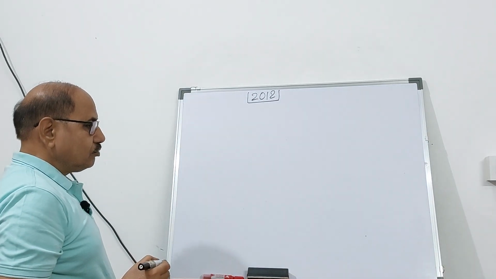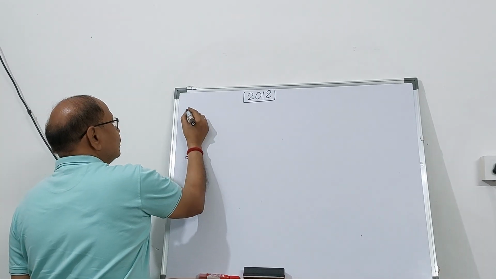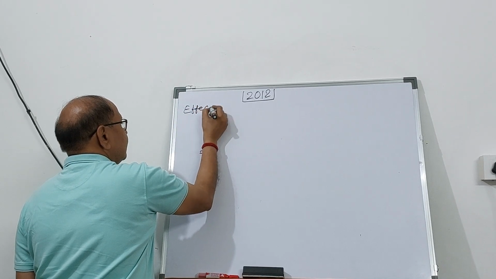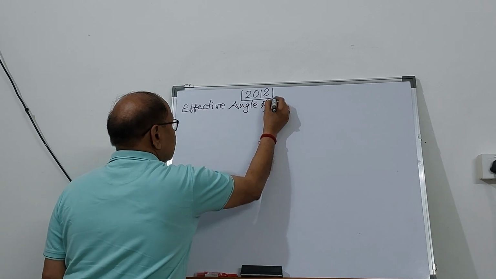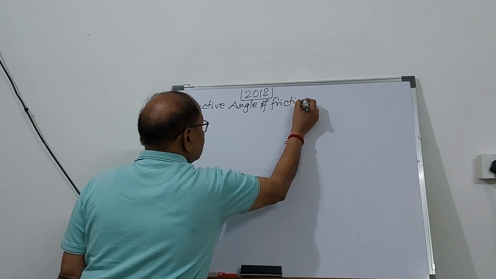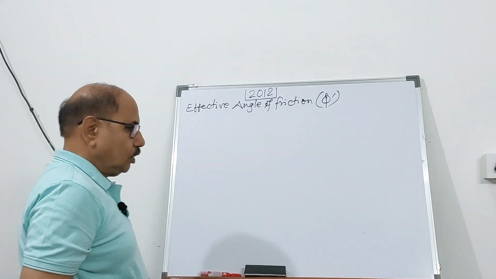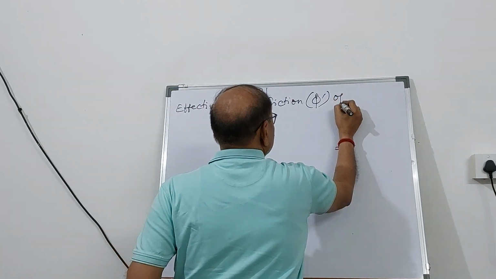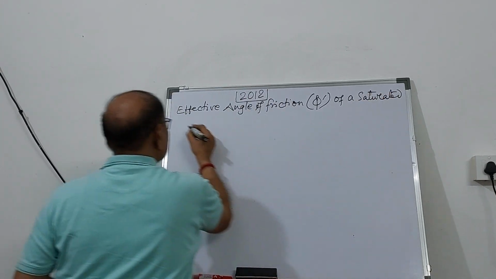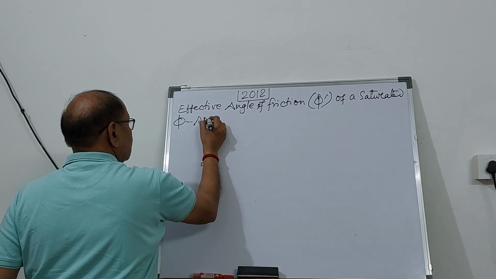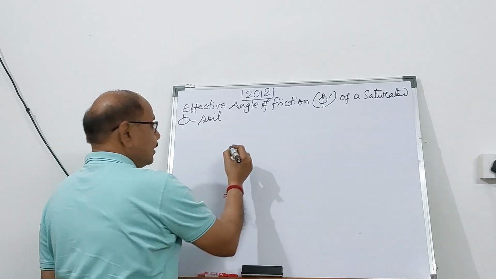So the 2012 GATE problem is: the effective angle of friction, that is phi prime, of a saturated sand soil is 38 degree.